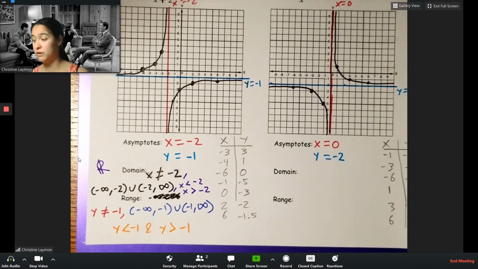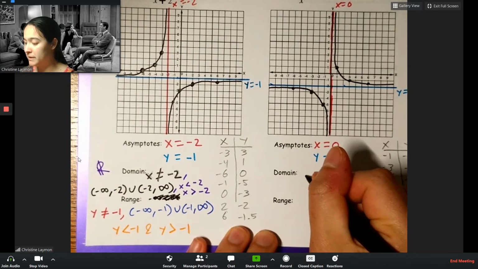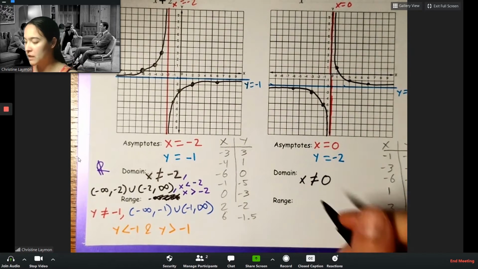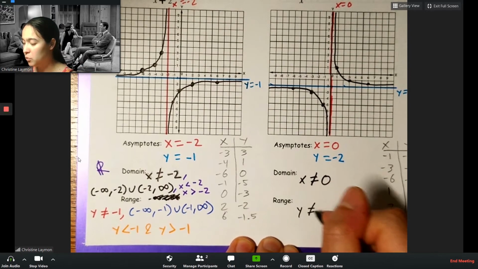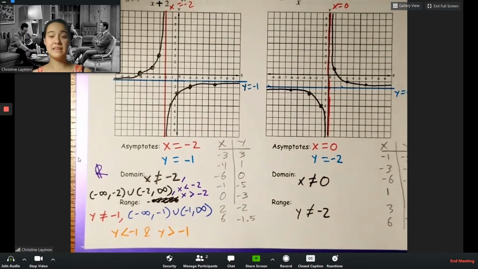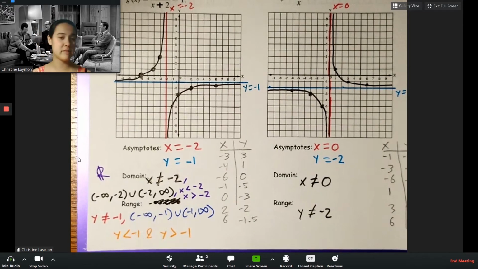So that's what I'm going to do. My first one is going to be x is not 0. My range is going to be y is not -2. You can have anything else but that. And again, if you choose to use interval method, that's fine. If you choose to use inequality method, that's fine.